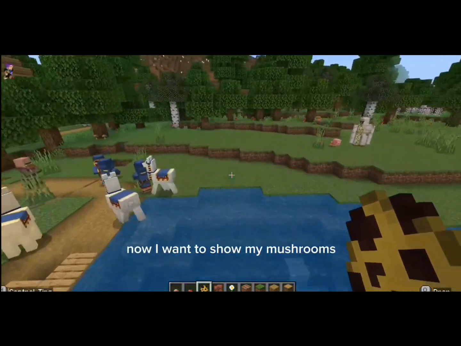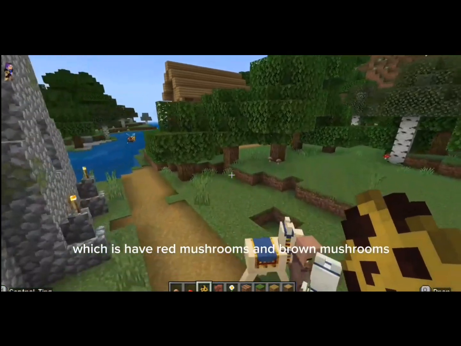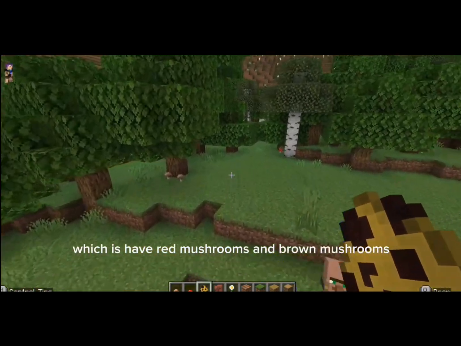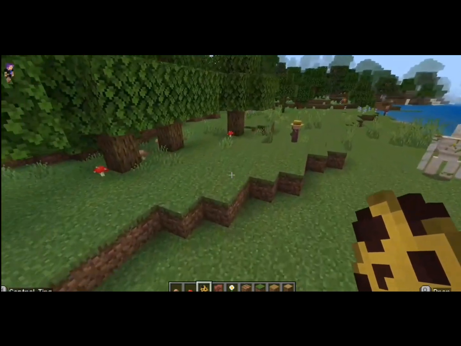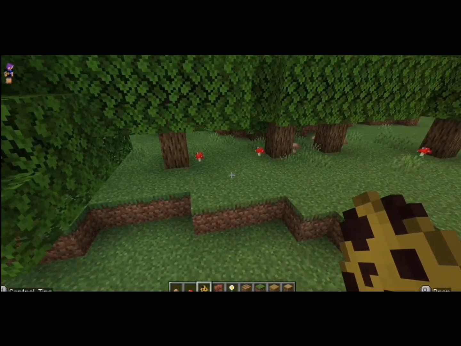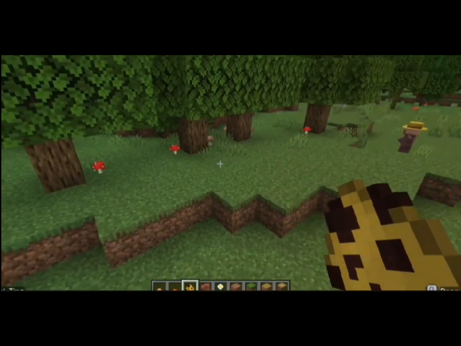Now I want to show my mushrooms, which are red mushrooms and brown mushrooms. Here the type of interaction is saprophytism, an interaction in which an organism gets its food from dead organic materials. For example, mushrooms that live on dead tree trunks, and this process recycles nutrients back into the ecosystem, enriching the soil and supporting other plant life.